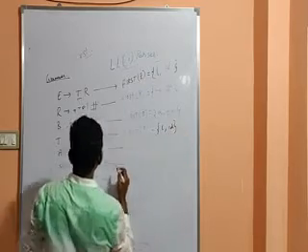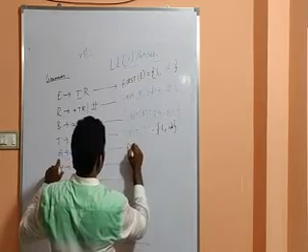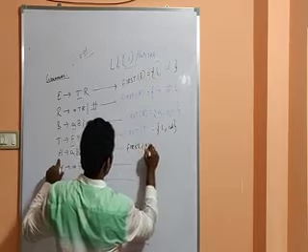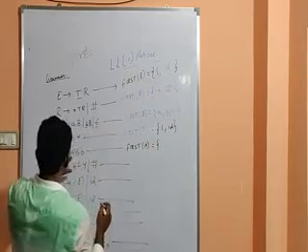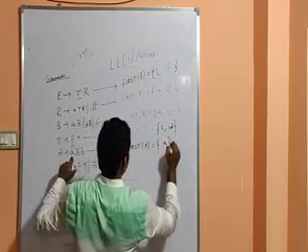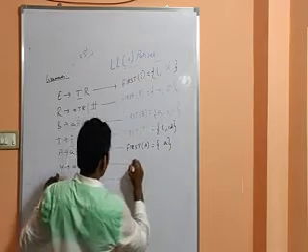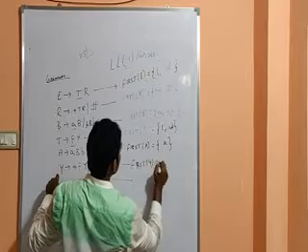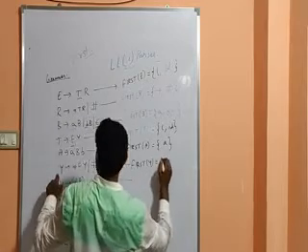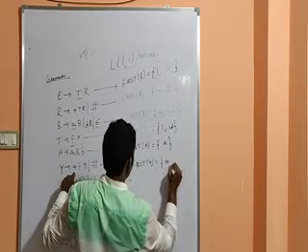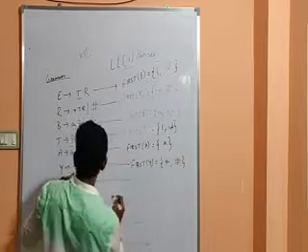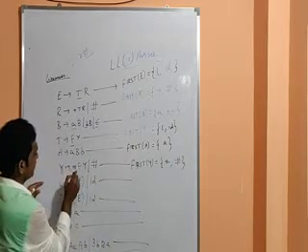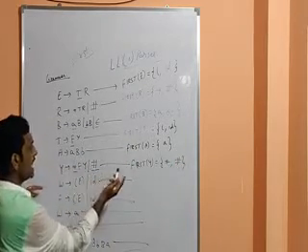Now write first of capital A. What is capital A giving? Small a. Next, first of capital Y. You have to write like this for all the variables. First of star comma hash. If you observe, first of capital A is giving star, and the other grammar is hash. That is why I have written it there.